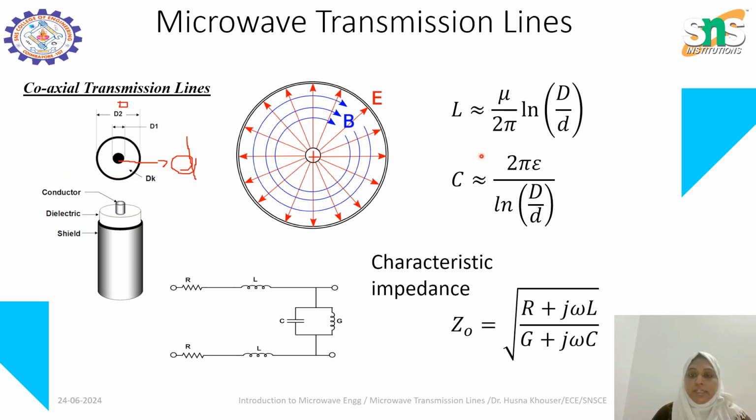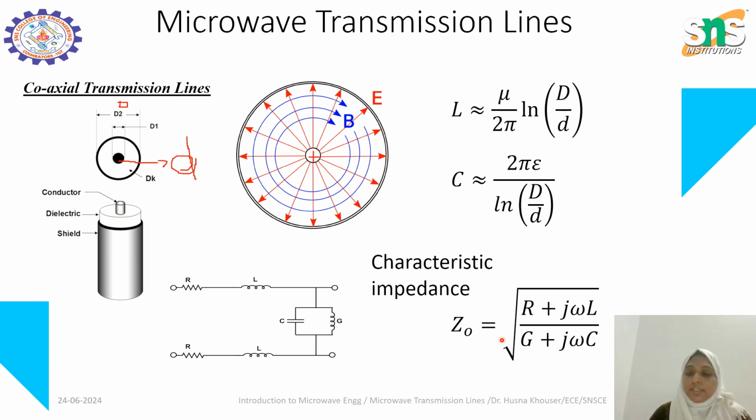As already discussed in the previous lecture, the distributed circuit diagram is the same for the coaxial and two-wire transmission lines, and it carries through to the microstrip transmission line depending on how we place the components. The characteristic impedance Z0 depends on inductance and capacitance: Z0 is equal to the square root of R plus j omega L divided by G plus j omega C. In a two-wire lossless transmission line, resistance and conductance are minimal, so they are neglected.